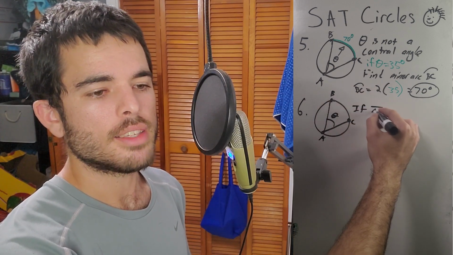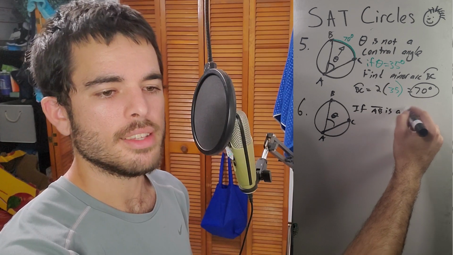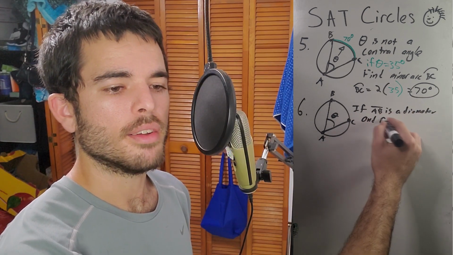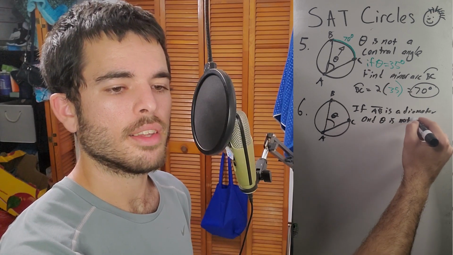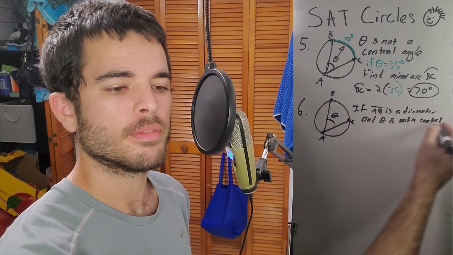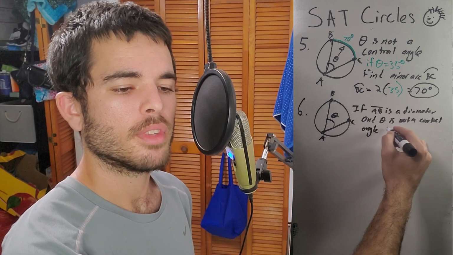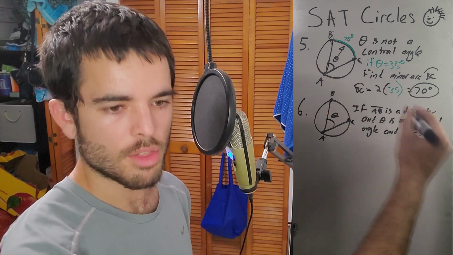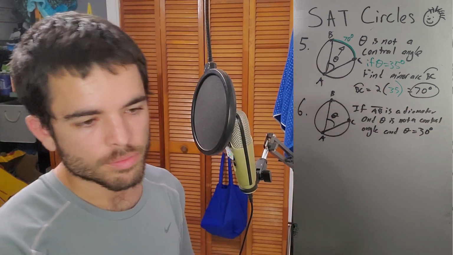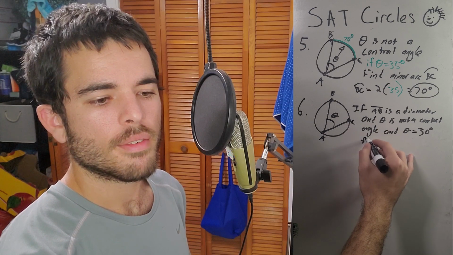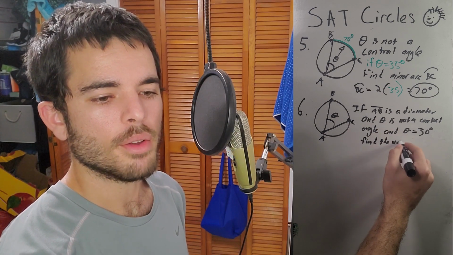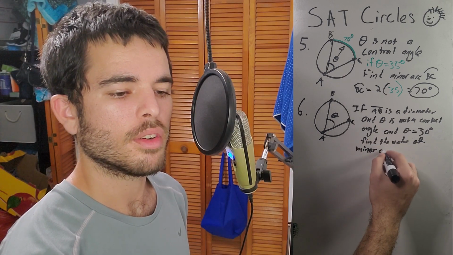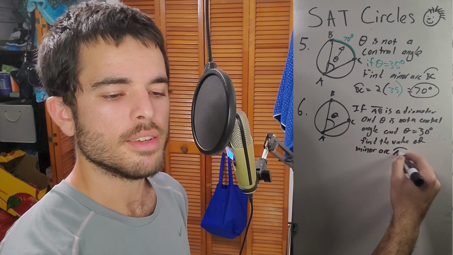If line segment AB is a diameter and theta is not a central angle, and theta equals 30, let's just say 30 degrees, keep it simple. Find the value of minor arc AC.